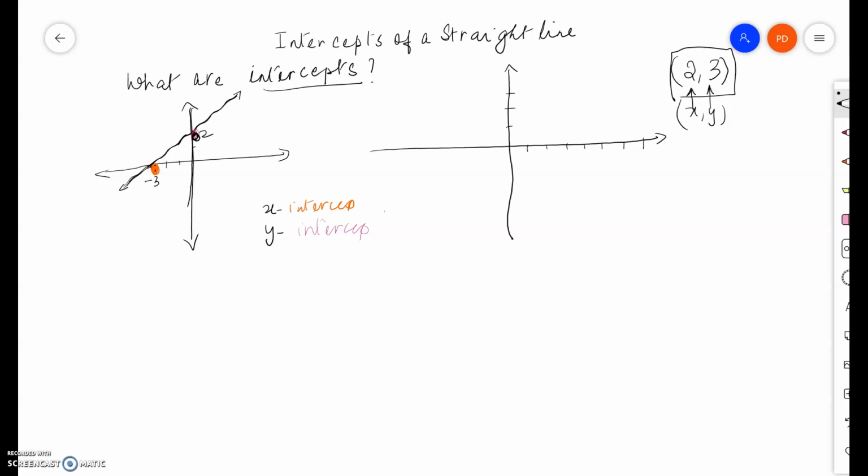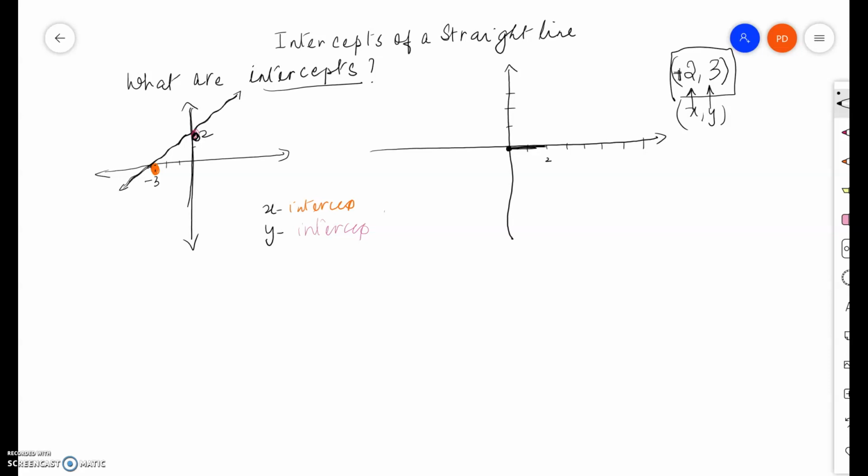So let's start with the x coordinate. We always begin at the origin. The x coordinate tells us how far we should move in the horizontal direction. So here it says +2 is the x coordinate. This tells us to start at the origin and move to the right by 2 units. So we stop here at 2.